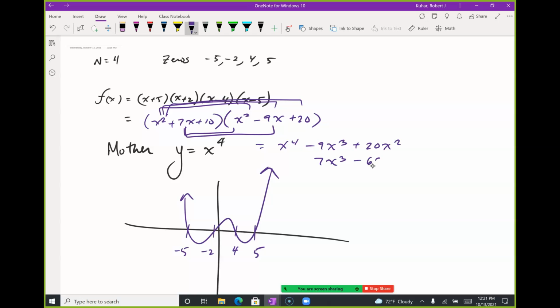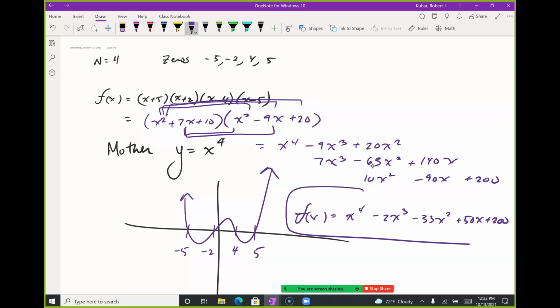Yeah, minus 63x squared, plus 140x, and then finally 10x squared minus 90x plus 200. So I get f of x equals x to the 4th minus 2x cubed minus 33x squared plus 50x plus 200. So there's my standard form.